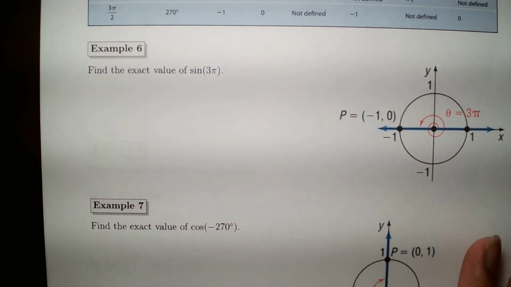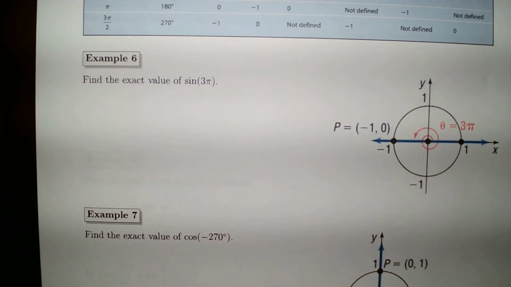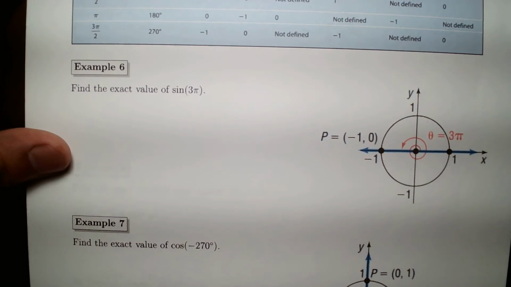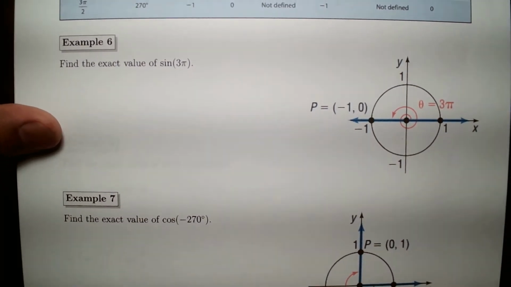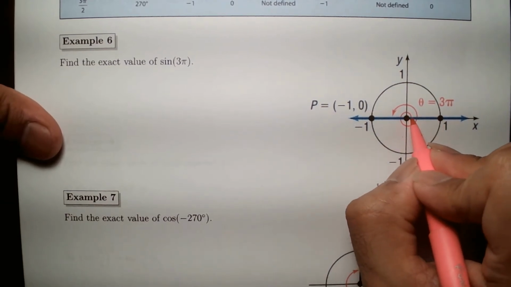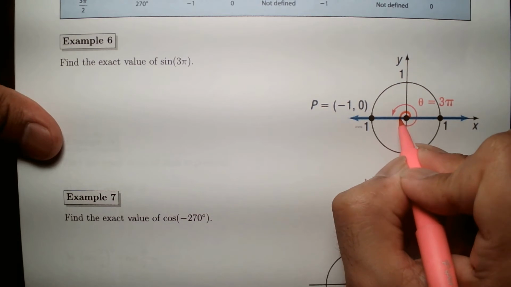Now let's find values of other angles. Let's find the sine of 3 pi. What's 3 pi first of all? I have the picture right here. We start at the positive x-axis, which is 0, and then we do one turn.